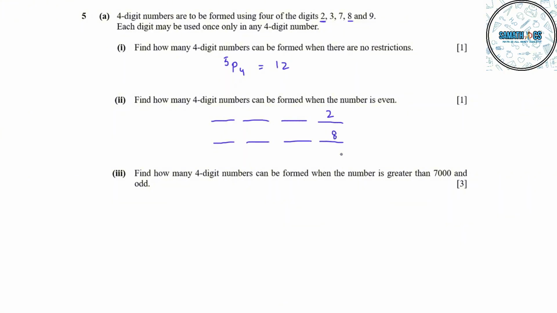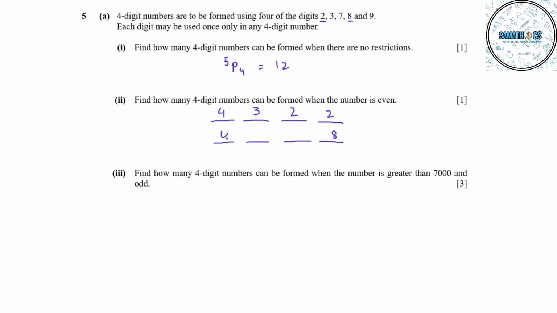So we just have 2 options for the last digit, and then out of 5 digits, 1 digit is fixed over here. So remaining are 4. Here is a possibility of 4 digits, here 3 digits, and here 2 digits.